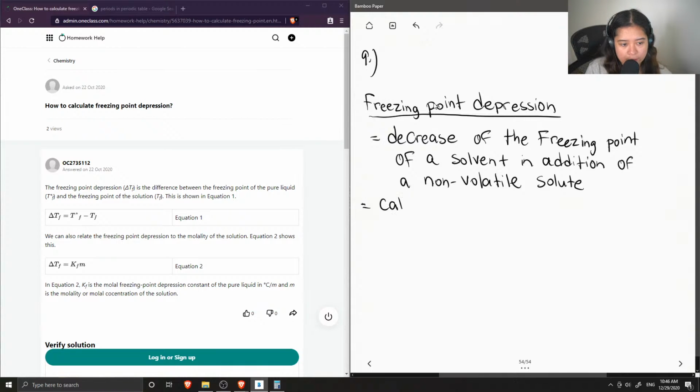So it can be calculated using the pure solvent's freezing point and molality.